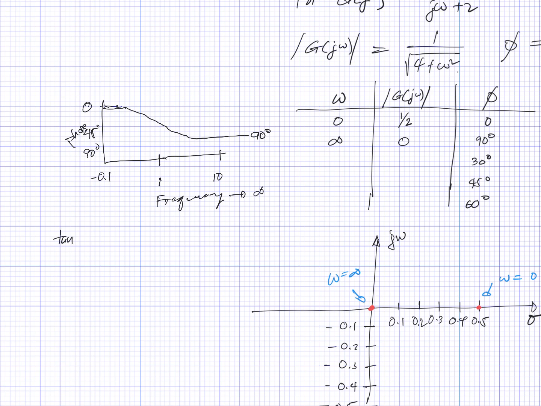The tangent of 30 degrees is equal to 0.577, which is also equal to the negative omega over 2, right? Giving us a value of omega to be 1.154.